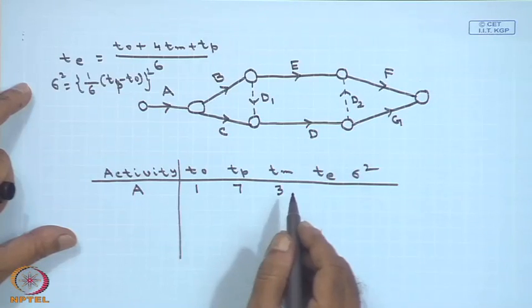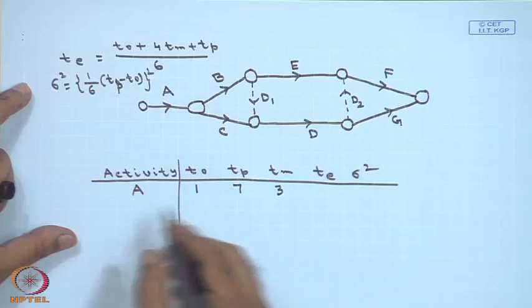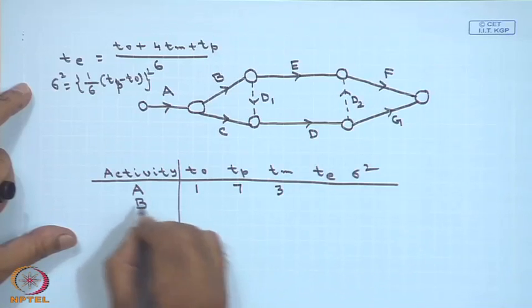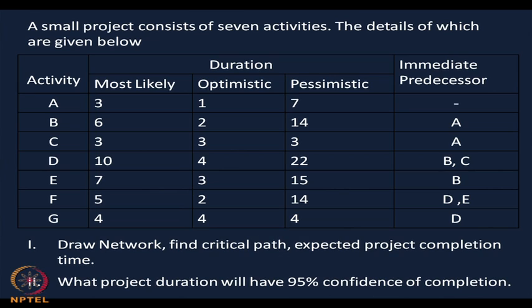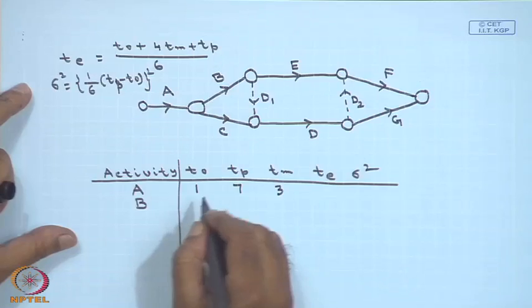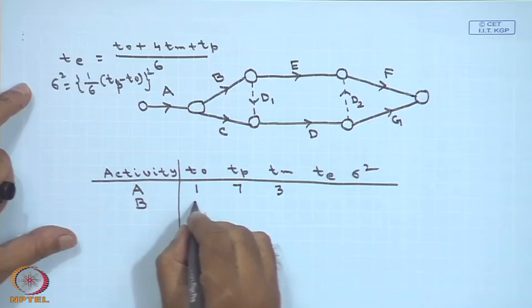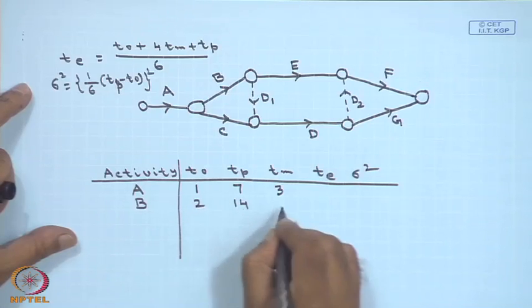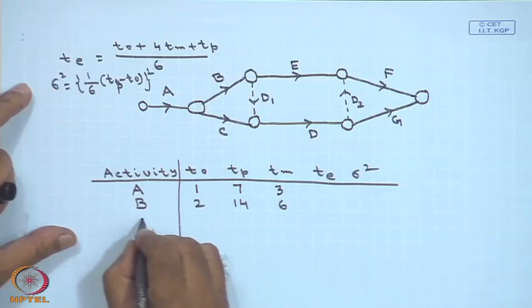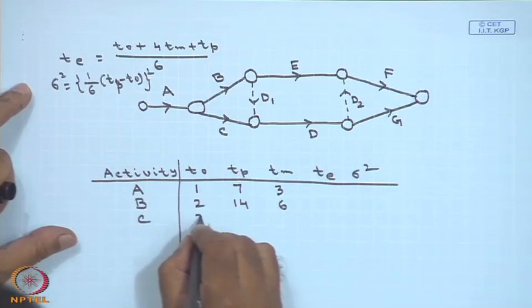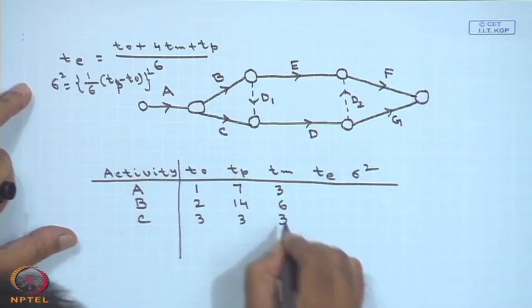In the same way, from the table you can write down the values for the other activities also. For B, To is 2, Tp is 14 and Tm is 6, so for B we write 2, 14 and 6. For C, all three are the same, 3, 3, 3.